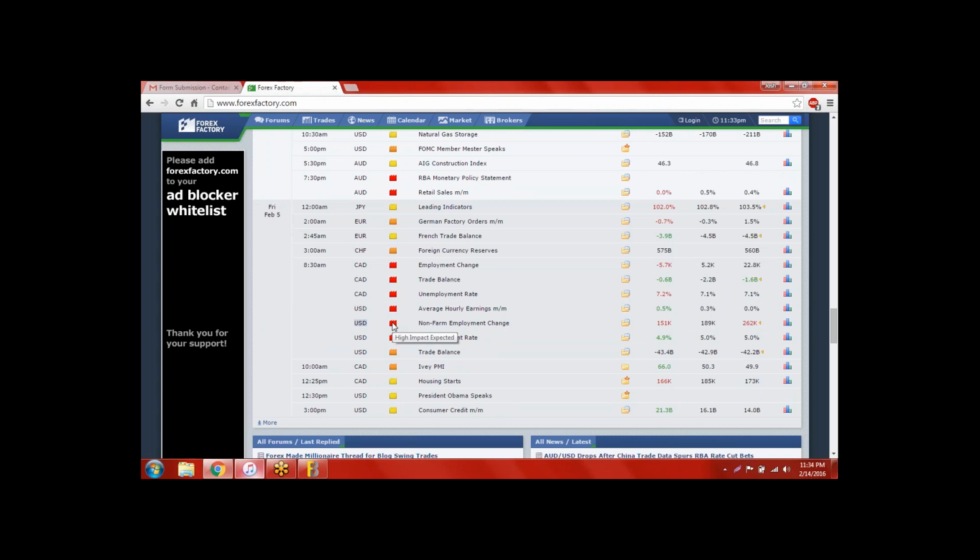Everyone is expecting a major impact in the market for the US dollar and the Canadian dollar. So when you look at NFP, you know something big is going to happen. These currencies are going to have a huge impact. Like I said before, people blow out their accounts, people make thousands of dollars, it's the one day of the month where money goes all over the place.